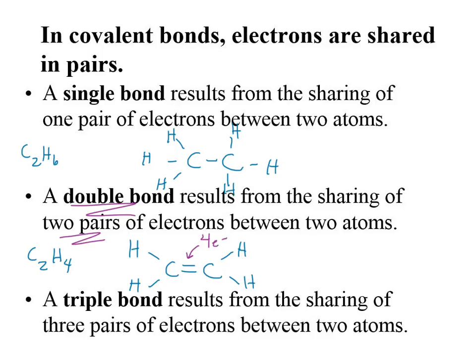And then last but not least, and I think I'll put it right here next to my C2H4, is C2H2, where we have a carbon, 3 solid dashes next to the other carbon. And now it only has room for 1 hydrogen. So 1 hydrogen on the left and 1 hydrogen on the right.